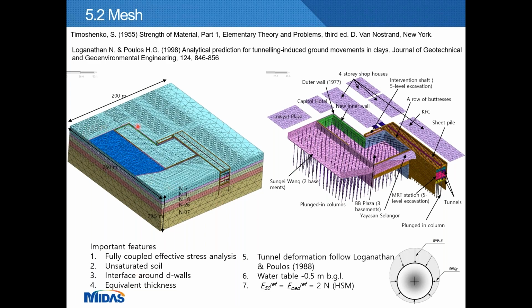Interface with low permeability, with a k value of 1 to the power of -10 meter per second, was modeled for the walls. We model the surrounding buildings with equivalent slabs following the parallel axis theorem by Timoshenko, so that we can output the strain and compare against the Burland charts that I'll show later.